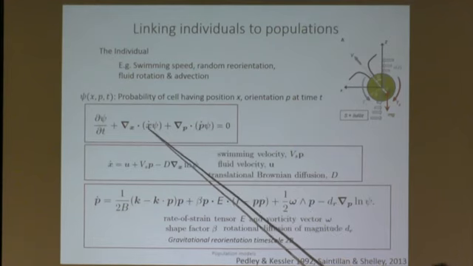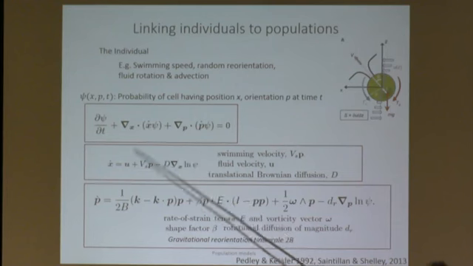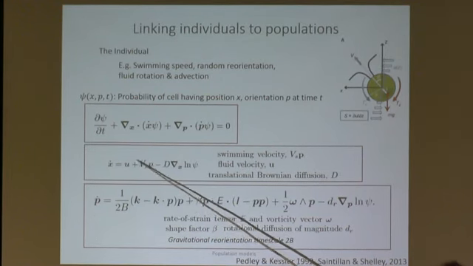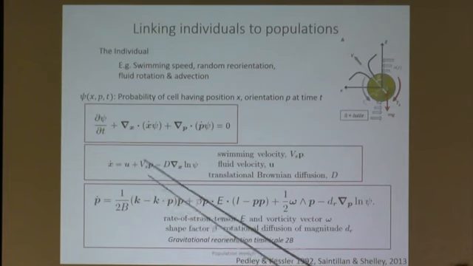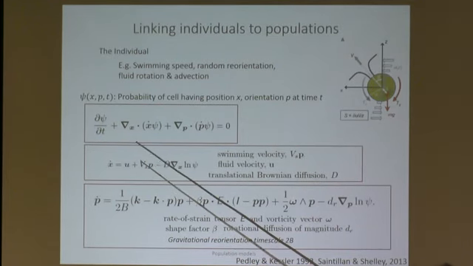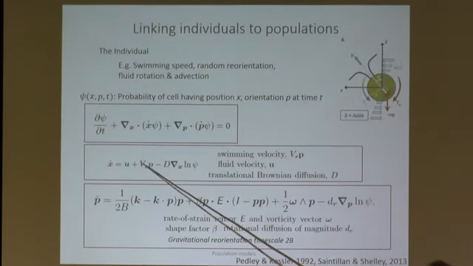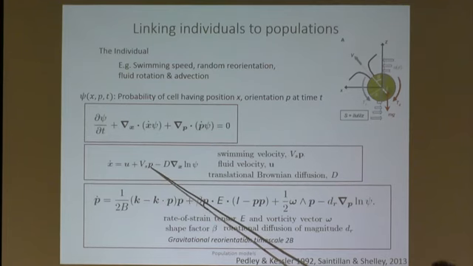Changes in space, what moves the bacteria? So x dot represents advection by the fluid. Particles will be moved by the background fluid flow, so U is the background fluid flow. Particles will also move because they swim. So p is their swimming direction, and Vs is their swimming speed.